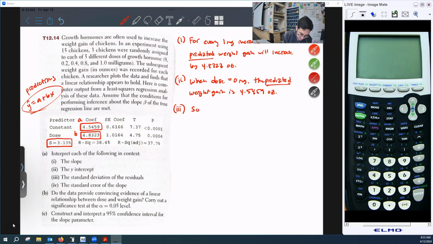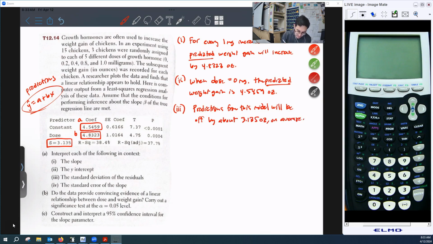So we can say predictions from this model will be off by about 3.135 ounces on average.